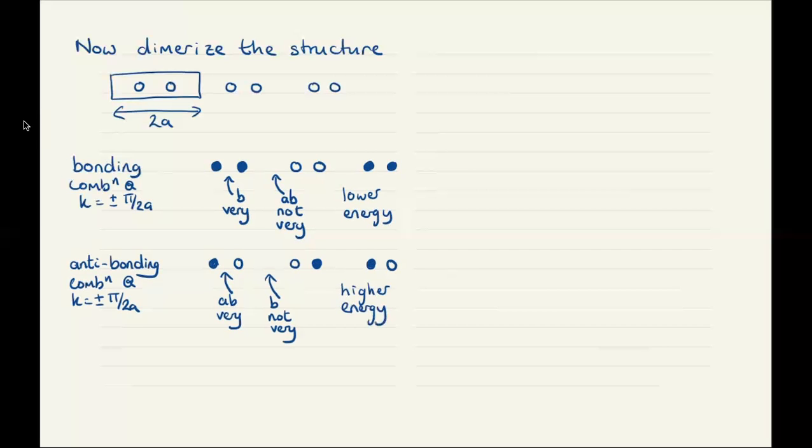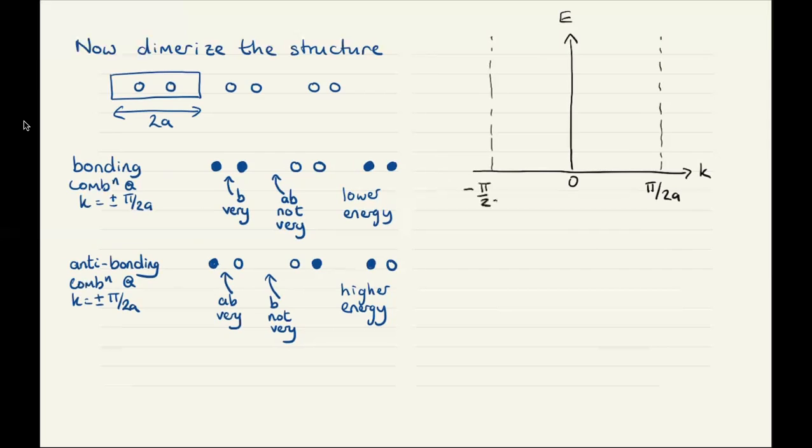And if we sketch our band structure again, energy versus k, between pi over 2a and minus pi over 2a, let me first sketch how it looked before we dimerized.